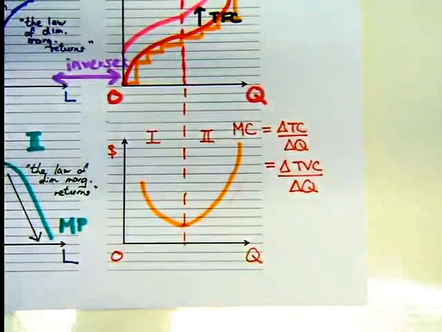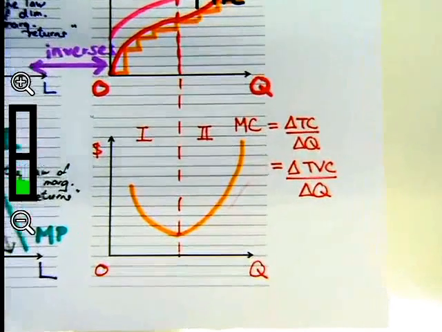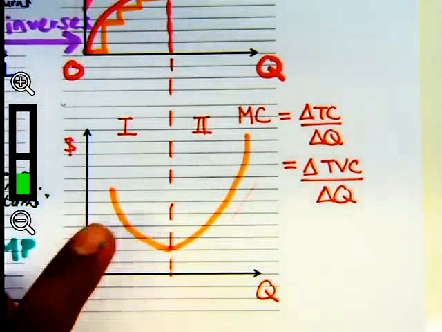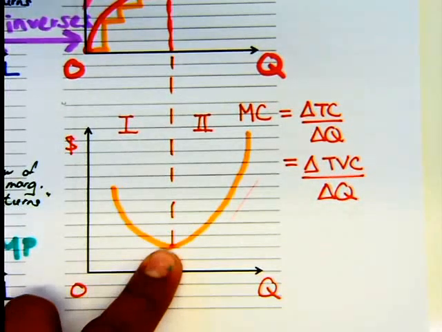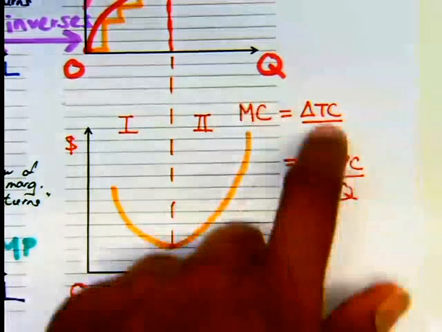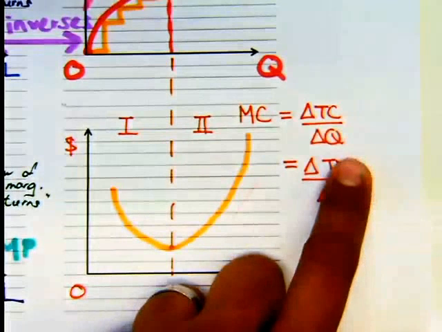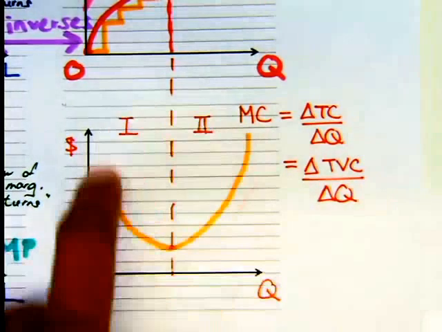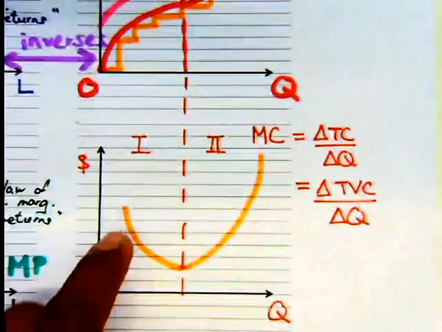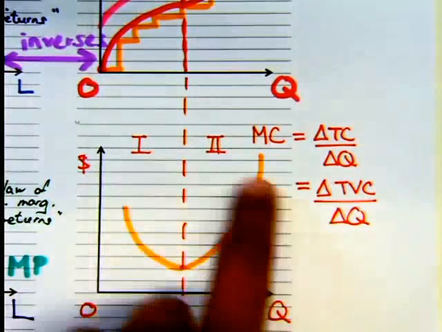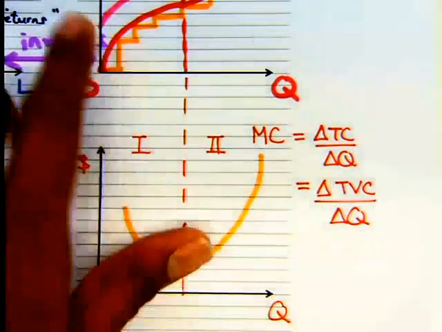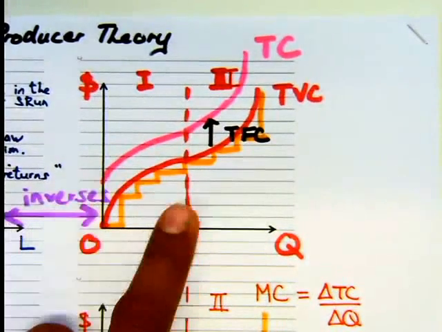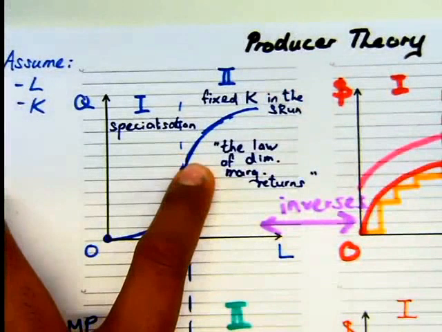I guess the most important one is for you to understand, first of all, that marginal cost is shaped this way, and then to understand the equation that generates it, and how it's actually connected to everything. The reason marginal cost is J-shaped is all to do with the law of diminishing marginal returns.